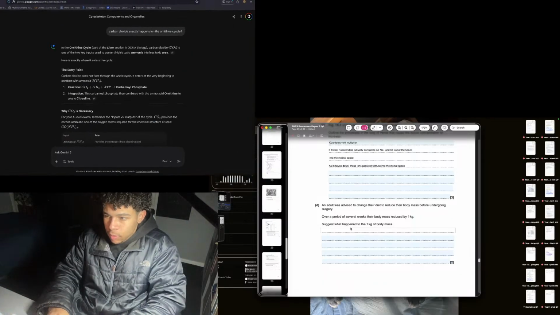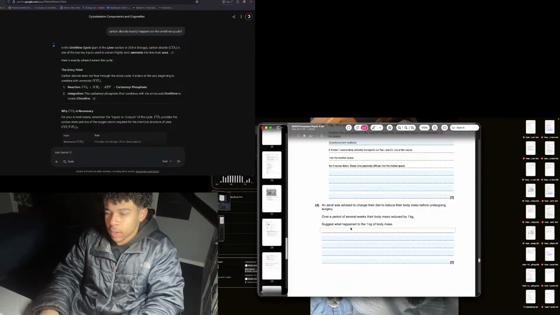Defines an endotherm: keeps a stable internal environment despite outside environmental changes.